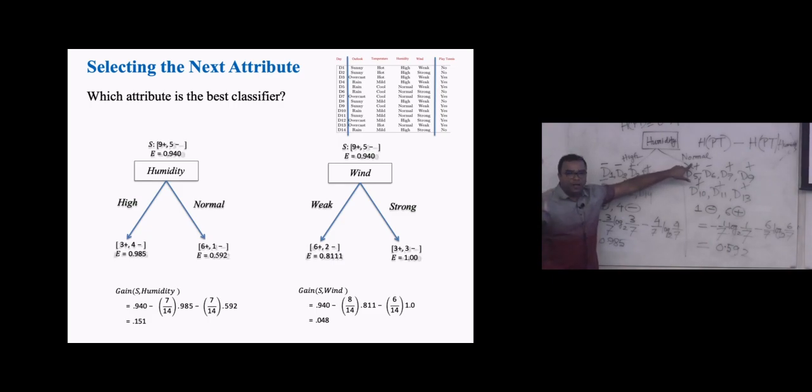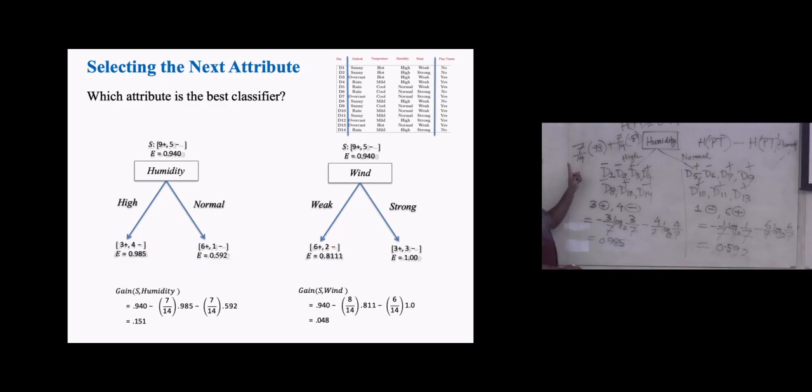Because that is the likelihood you are going to see normal, then times the uncertainty. Plus number of cases here, the proportion times the uncertainty. So it's basically you have 7 here, 7 there. What you do is you have 7 by 14 times plus 7 by 14 times the other uncertainty. So this one goes here, 0.98, and that is 0.59.